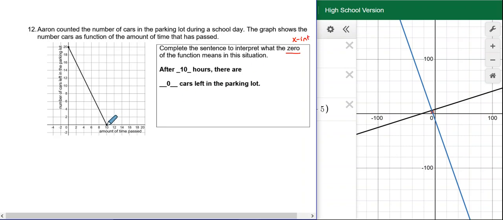So the x-intercept here is at 10, and at 10, there are 0 cars left in the parking lot. After 10 hours, so the amount of time has passed. When he first looked at the parking lot, there were 20 cars. As time went on, the number of cars declined so much that after 10 hours, there were 0 cars. That's what we call the zero of a function.